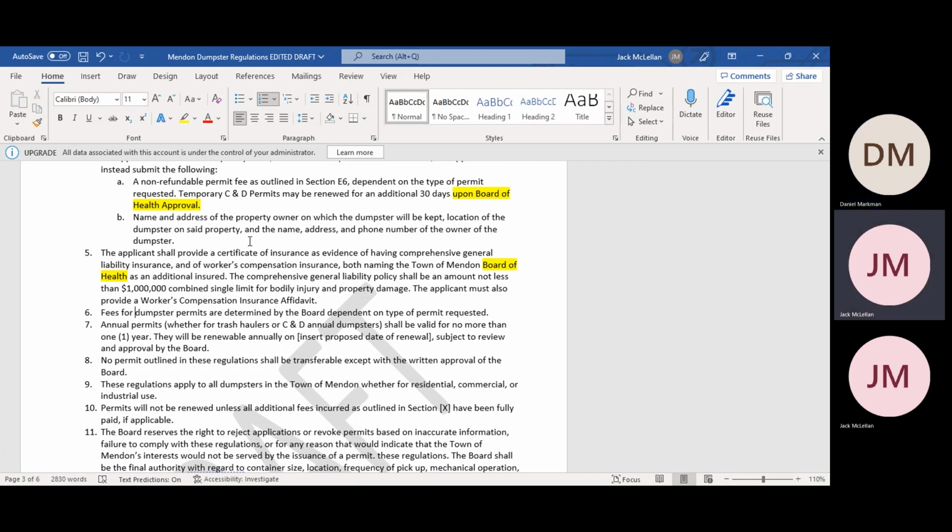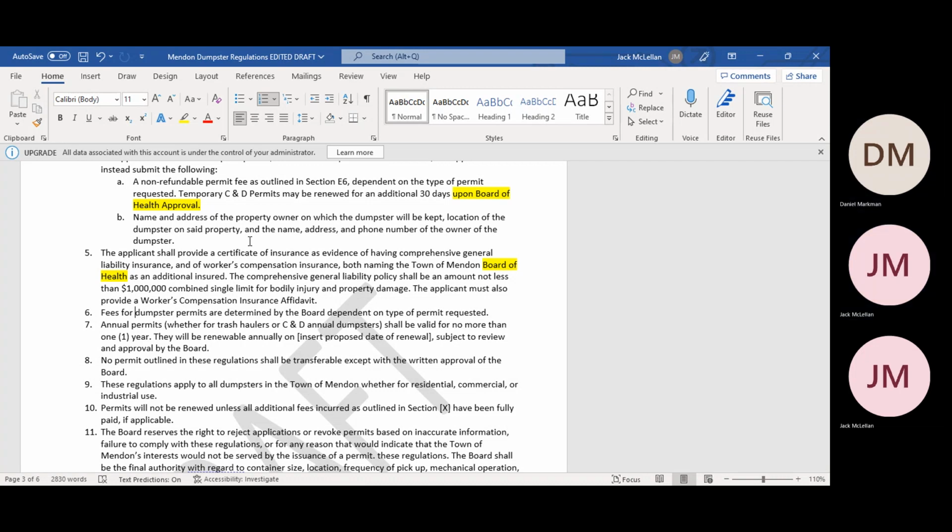But we have that in 4A, where it says a non-refundable permit fee as outlined in section E6, depending on the type of permit application, temporary requested. The temporary C&D permits may be renewed for an additional 30 days upon application for board approval.